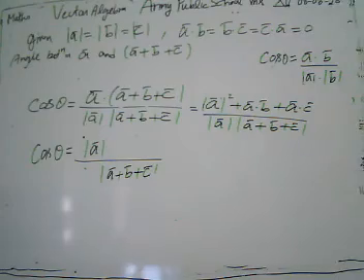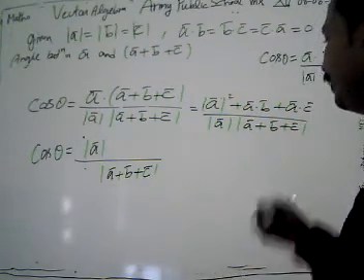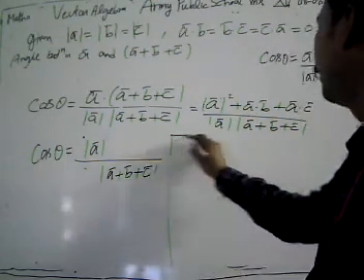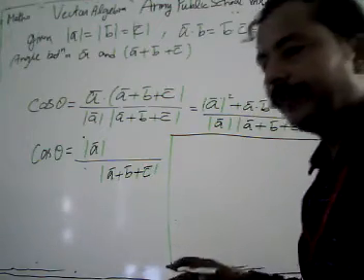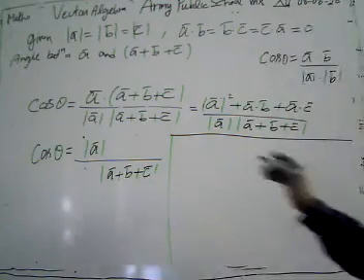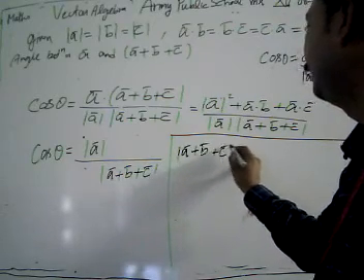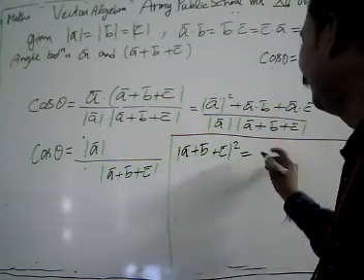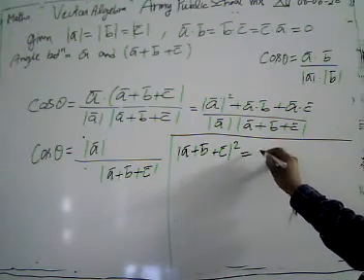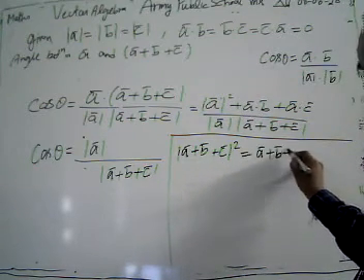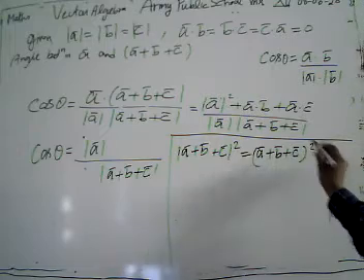To get the value of the magnitude of A plus B plus C, we again use the same concept: the mod square of any vector is given by the square of the vector. Then mod of A plus B plus C whole square is given by vector A plus B plus C whole square.